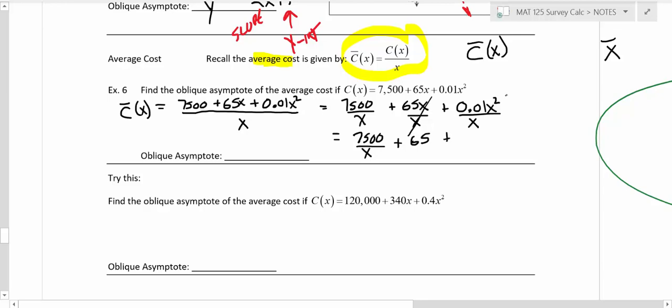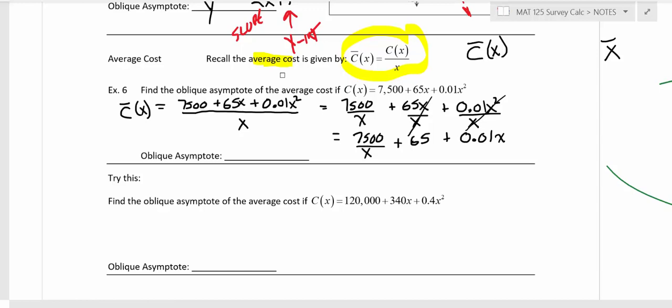And then the last one, one of the x's crosses out, giving you 0.01x. Now, what you technically want to do on this then, I put the wrong thing on there, so one of the x's crosses out, so it gives that. Okay, well, let me see if you can just do this in your head. Can you tell me what the oblique asymptote is now that it's split up?